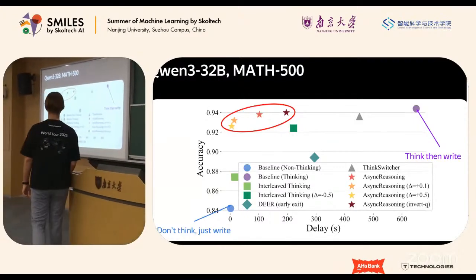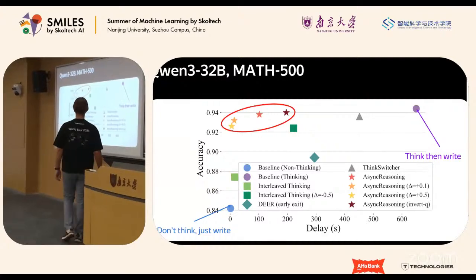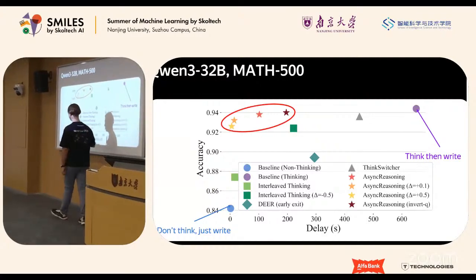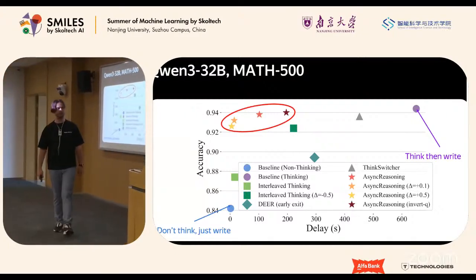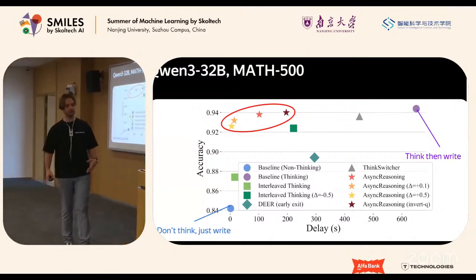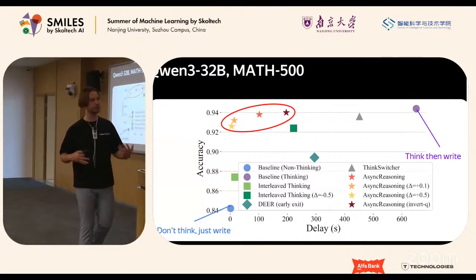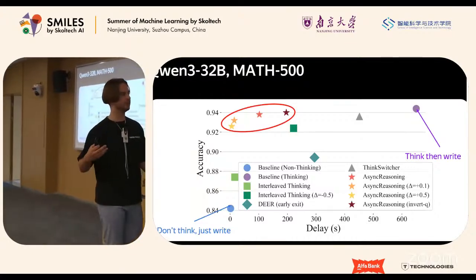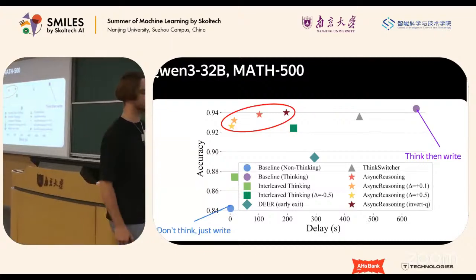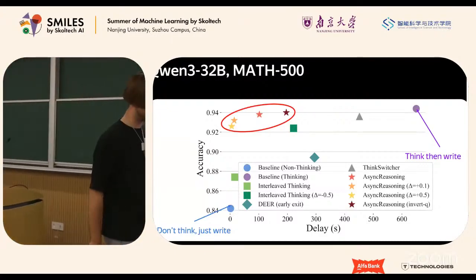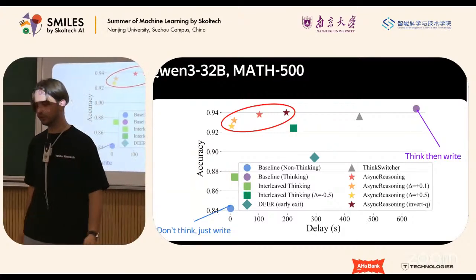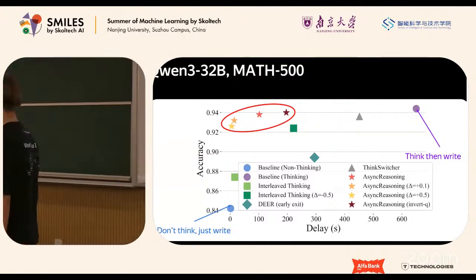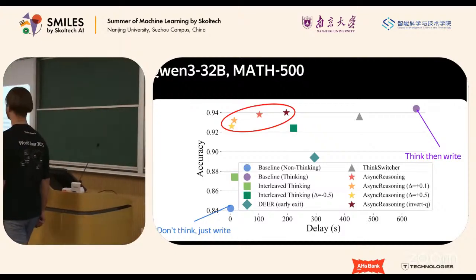The other dots are interleaved thinking, where you simulate that behavior of ours with thinking and writer, but with a less efficient implementation, where you see that it reduces delays substantially, but accuracy drops as well.